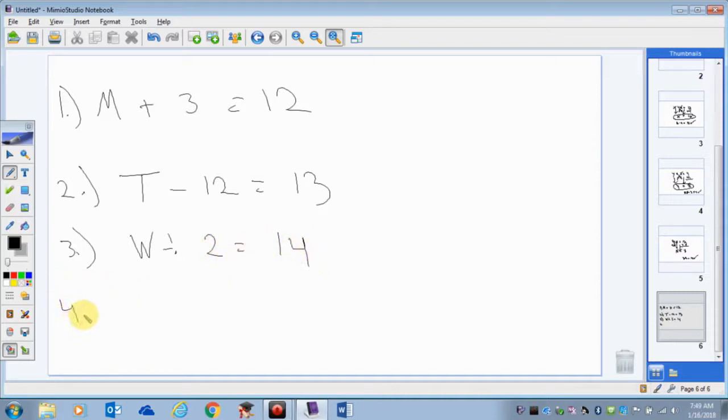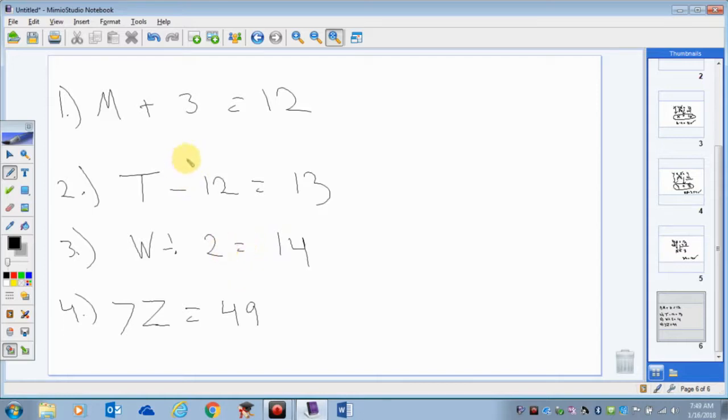And then the last one will be 7z equals 49. So you're going to work all 4 of these out. Once you're done, you'll hit play on the video, and I will work them all out to check and see if you got them. So work all 4 of these out on your desk. Pause the video now and work them out.